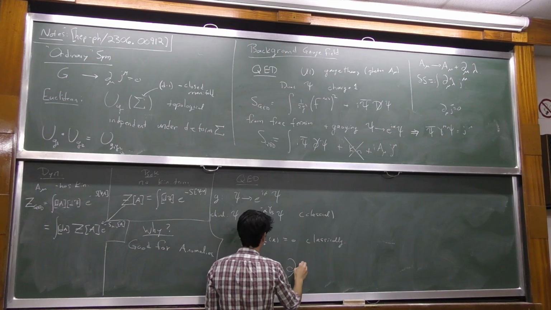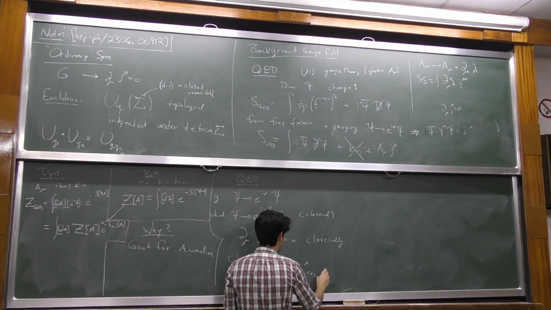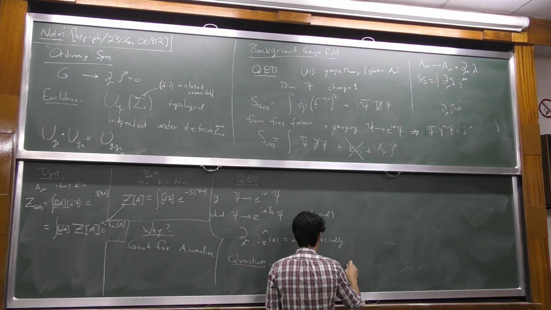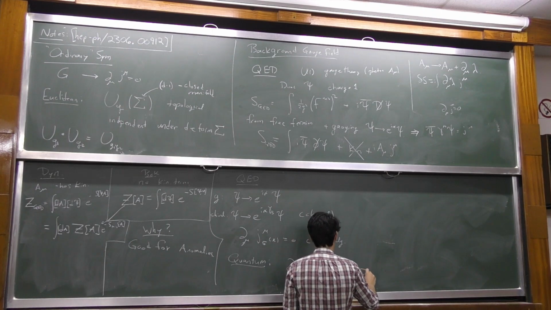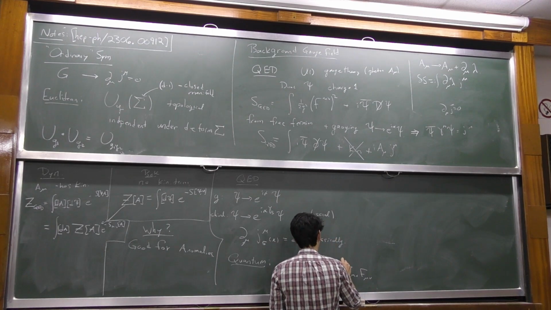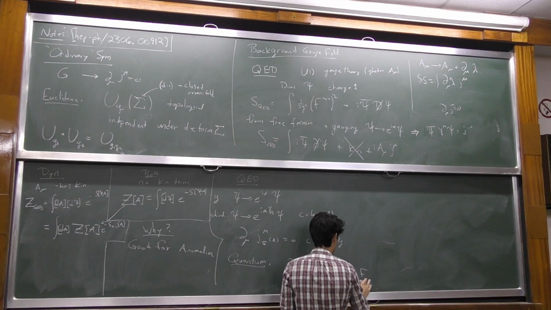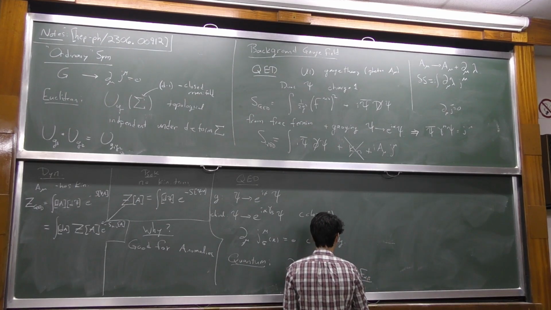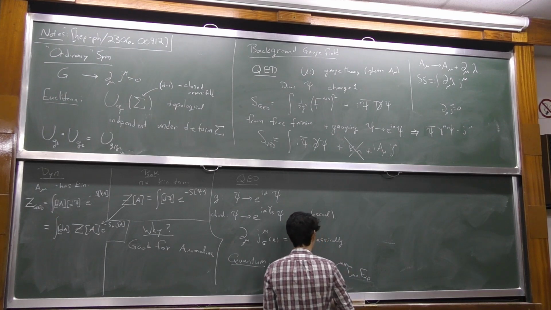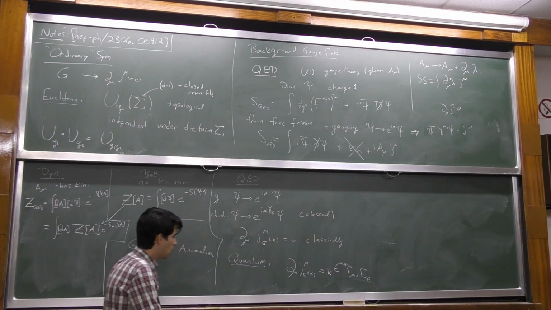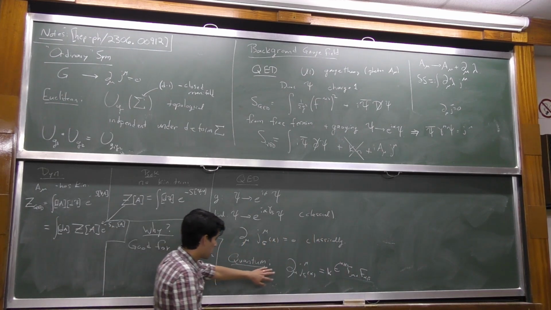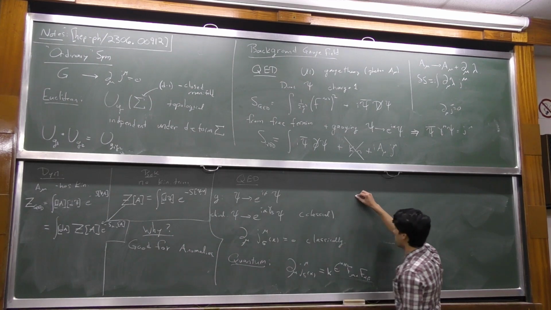You find that the divergence of the operator looks like epsilon mu nu alpha beta F mu nu F alpha beta, times some number. I'm just going to call it K.